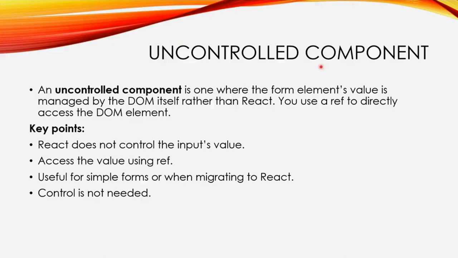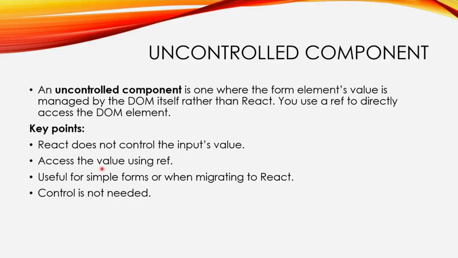Uncontrolled component. An uncontrolled component is one where the form element's value is managed by the DOM itself rather than React. You use a ref to directly access the DOM elements. Key point: React does not control the input's value.